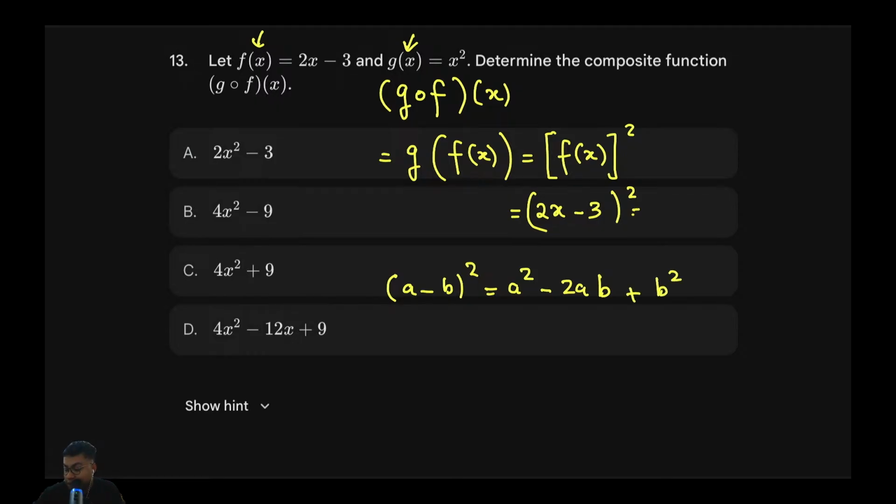So this is going to be 2x squared minus 2 times 3 times 2x plus 3 squared. It's going to be 4x squared minus 12x plus 9 here. Okay, so the answer is D. That's all.